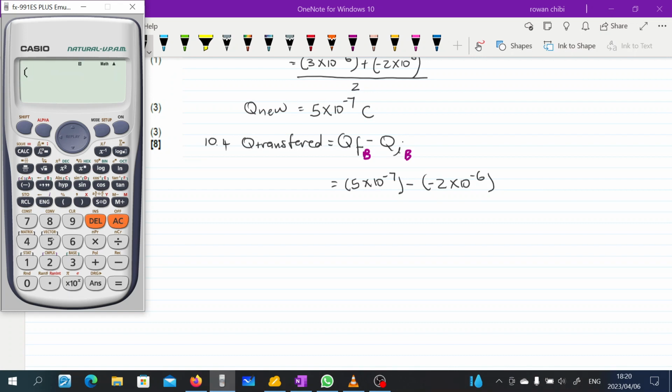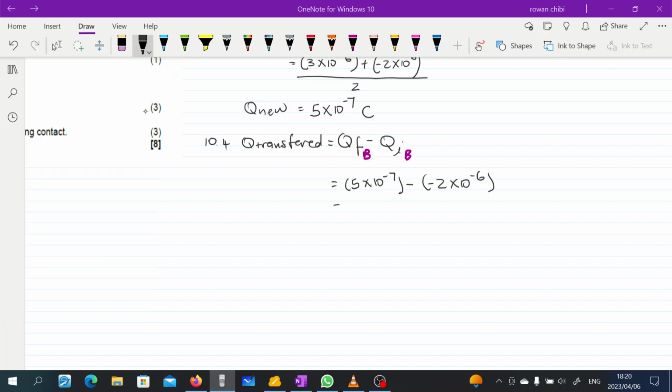So we have 5 exponent negative 7 minus negative 2 exponent negative 6. So we see that B lost 2.5 times 10 minus 6 coulomb.